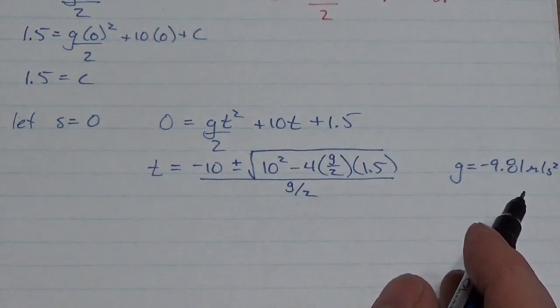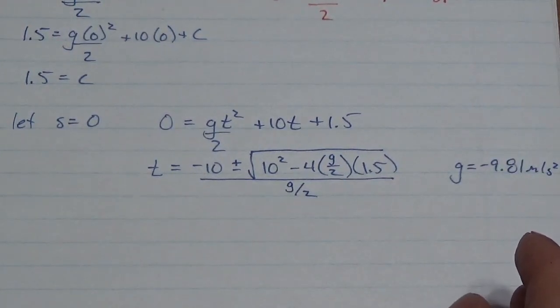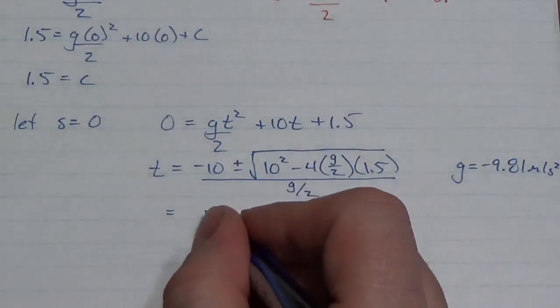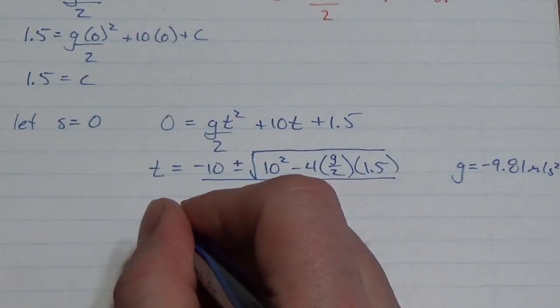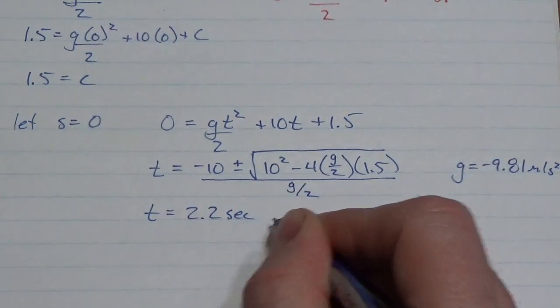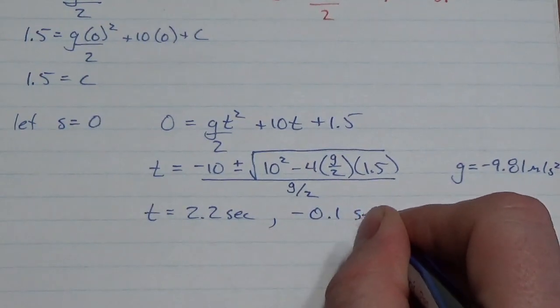However, I do think that when I did this calculation initially, because I'm looking off of a slightly older resource here for this question, I believe I just used negative 9.8. But in either case here, what you're going to get is something that looks like either time is equal to 2.2 seconds or time is equal to negative 0.1 seconds.